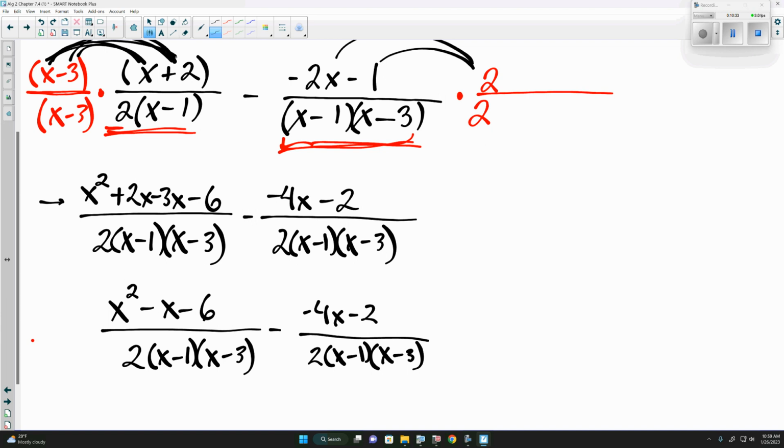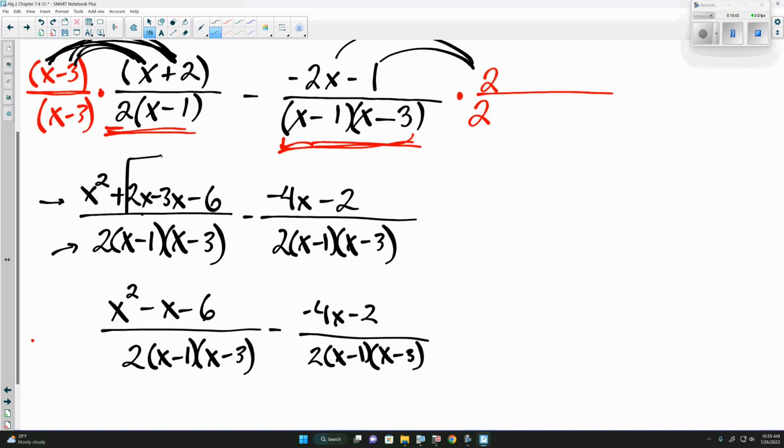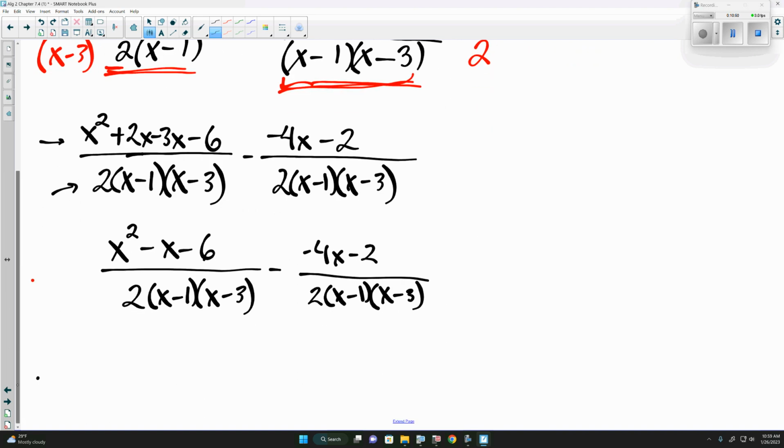So x times 2 is 2x, well, 2x minus 3x. So we combined like terms. Yep. Get us down to negative x. Any other questions? Okay.